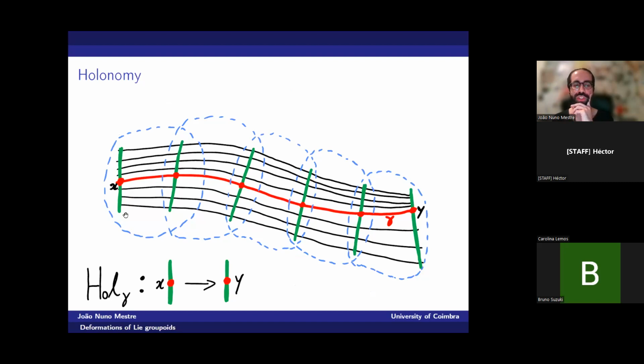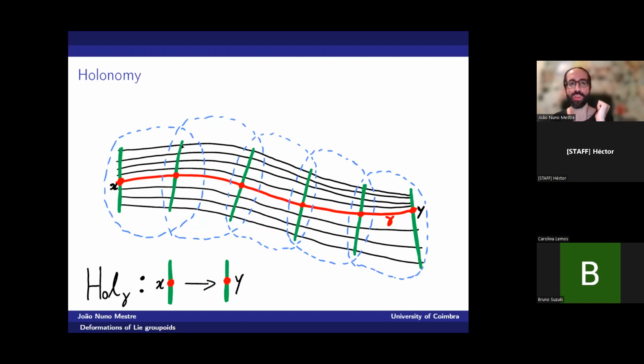We take transversals along, well, first of all, there's charts in which my foliation looks just like a product of R^n with R^(k-n)s. So in this case, the plane looks just like a product of vertical lines with horizontal lines here.